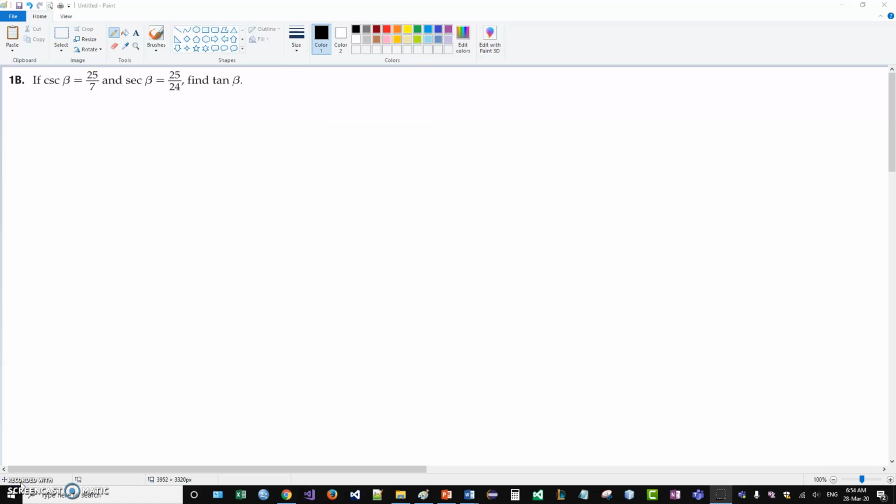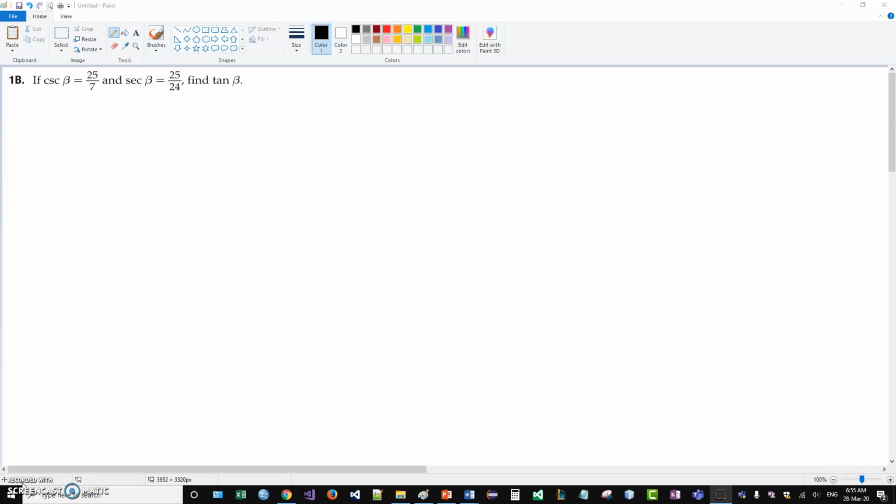Let's look at another example. If cosecant beta equals 25 over 7 and secant beta equals 25 over 24, find tangent beta. We know that tangent beta equals sine beta over cosine beta. We don't have sine and cosine; what we have is cosecant and secant.